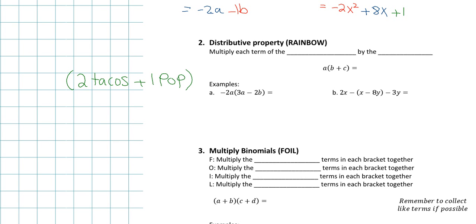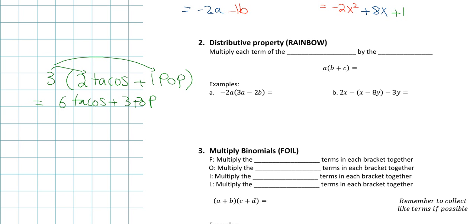In my head, if I'm going to do the math, that's going to be 6 tacos, because if I multiply the 3 by the 2, that's going to give me 6 tacos. And then it's going to be 3 times the 1 pop, which is 3 pop. So what I did right now is a mathematical method that's called distribution. Okay?